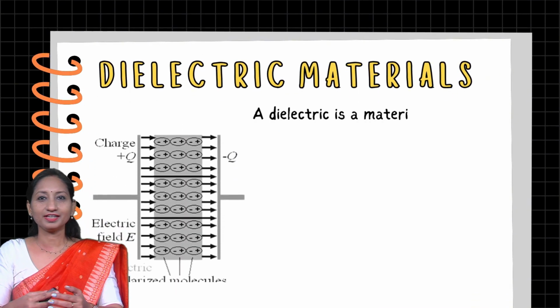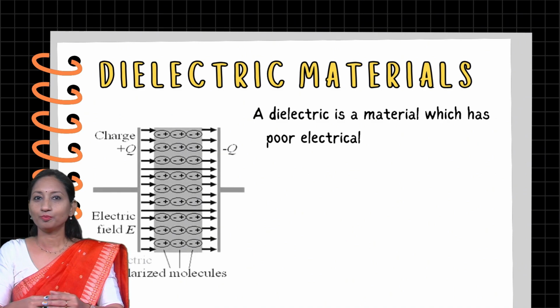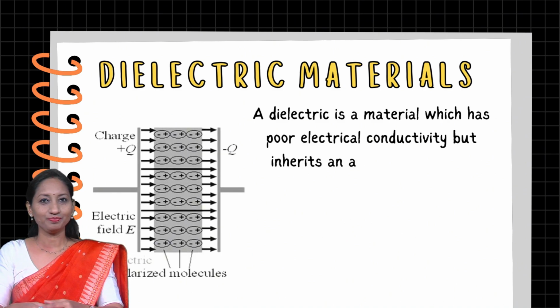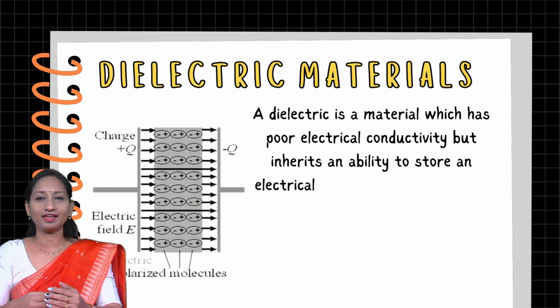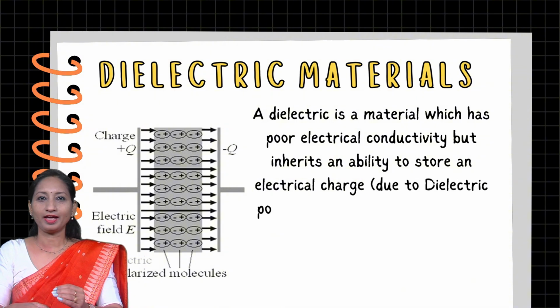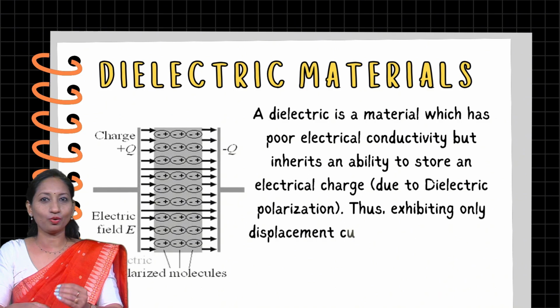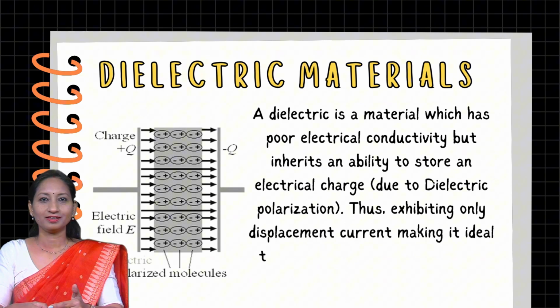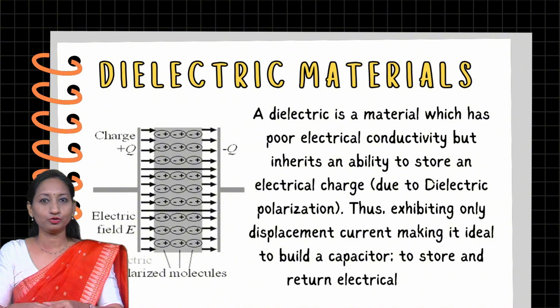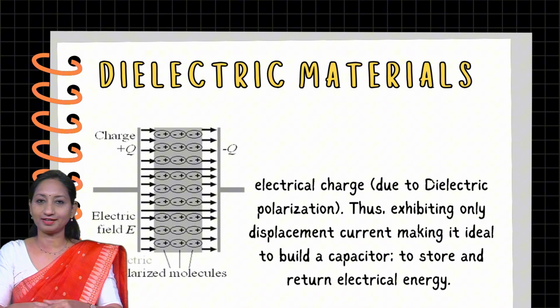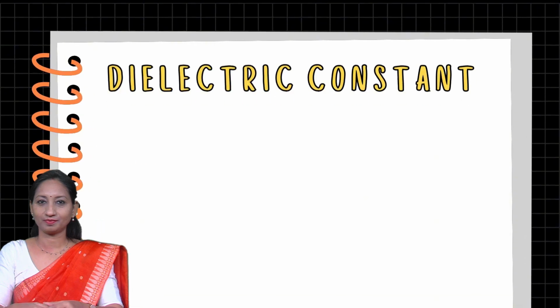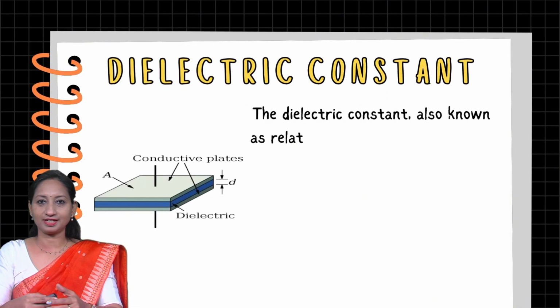A dielectric is a material which has poor electrical conductivity but an inherent ability to store an electrical charge, thus exhibiting only displacement current, making it ideal to build a capacitor to store and return electrical energy. Now, dielectric constant.